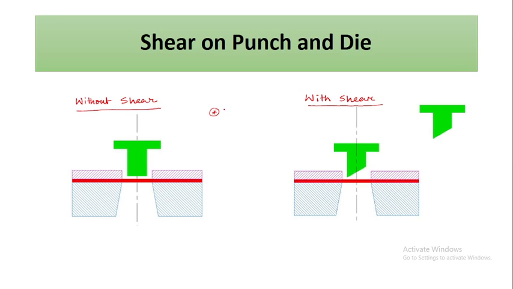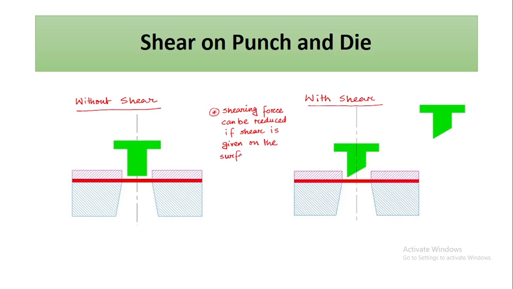So shearing force can be reduced if shear is given on the surface of the punch.